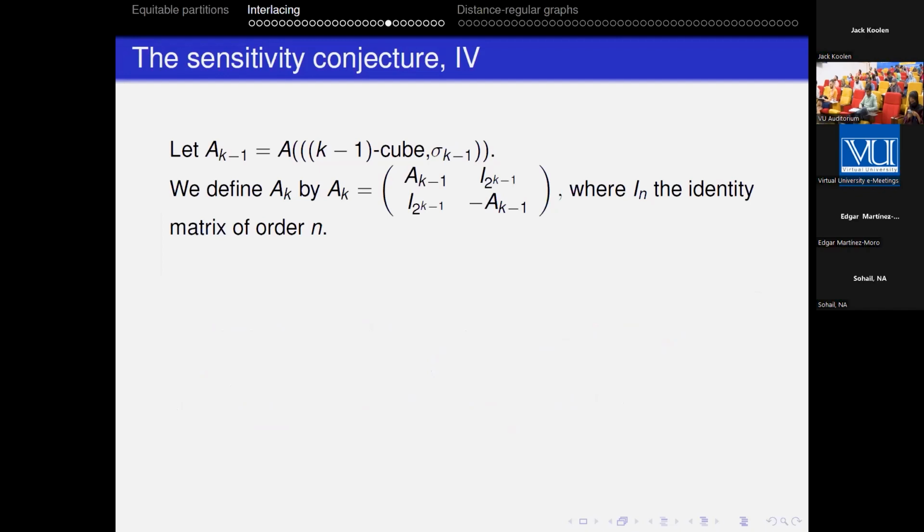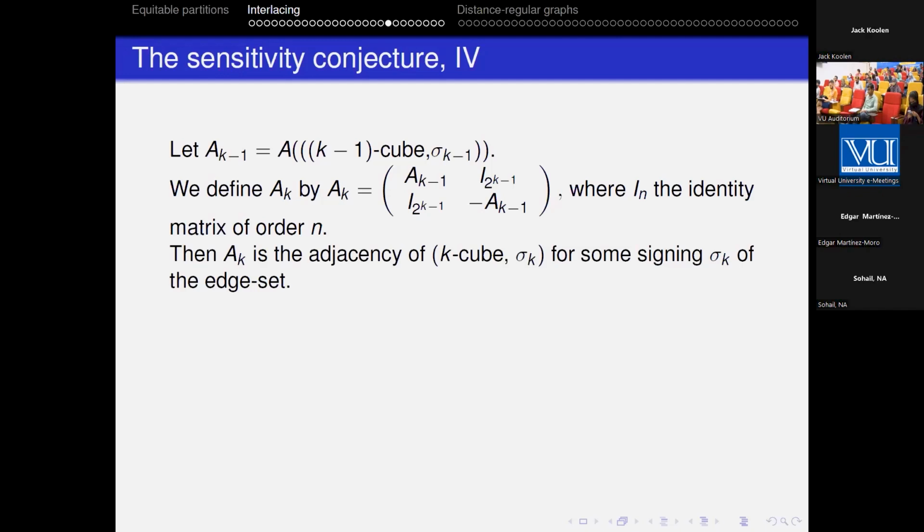And now we define A_k by doing this: A_{k-1} we put on the diagonal, and in the other two places we put the identity matrix of size 2^(k-1). So A_{k-1}, identity matrix, another identity matrix, and then minus A_{k-1}. This is not so difficult, yes? Then you can easily see that A_k is the adjacency matrix of the k-cube for some signing sigma_k.